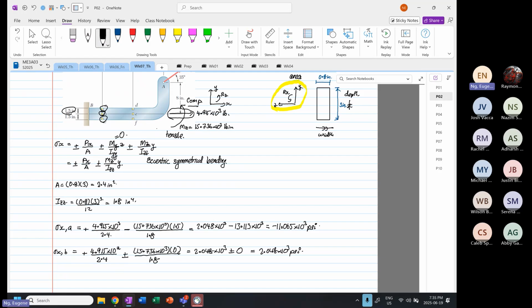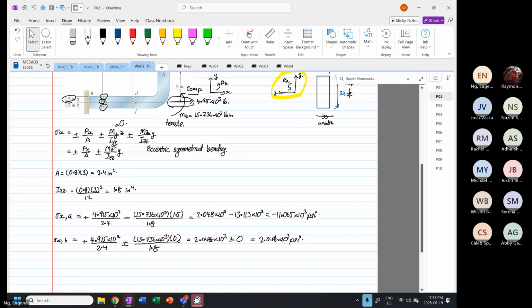And then point C. Stress X at point C, right? So now this will be equal to positive again 4.915 times 10 to the power 3 divided by 2.4.